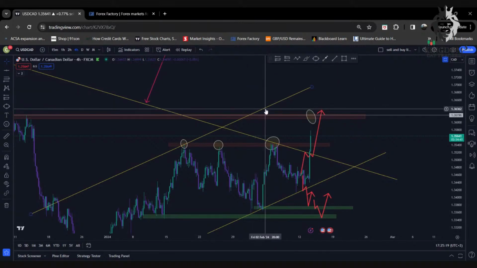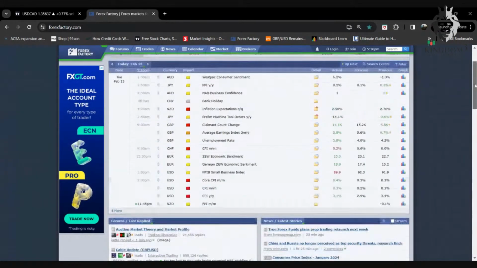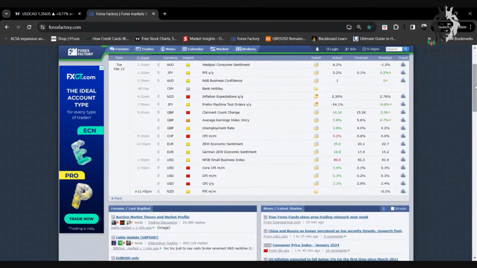So we have seen the strength on the dollar regarding the CPI report, and it correlated to its own strength versus Canada, right? And if you're a newbie, just learning how to trade, the CPI came out today.